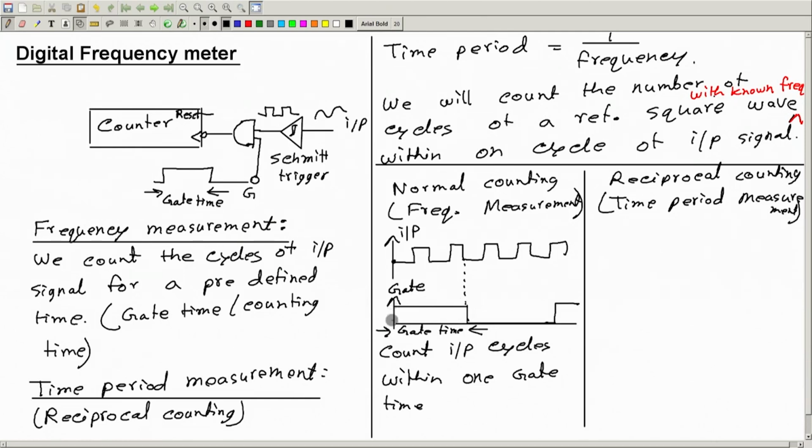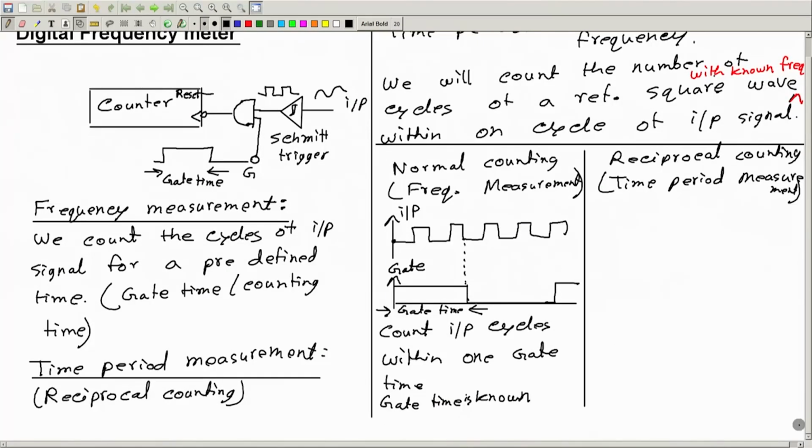Now, I need to know this gate time. Okay. Gate time is known. So, therefore, I can write this frequency f is equal to the count, which is 2, divided by gate time.